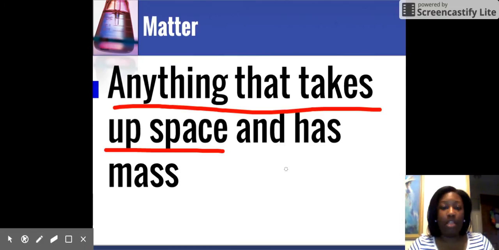The phone takes up space and is classified as matter. My bottle of water, it's liquid, but it takes up space and has mass, so therefore it is considered matter, okay? My bottle of lotion, same thing. It is all matter, okay?